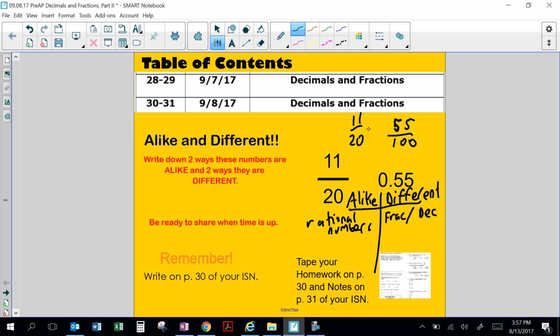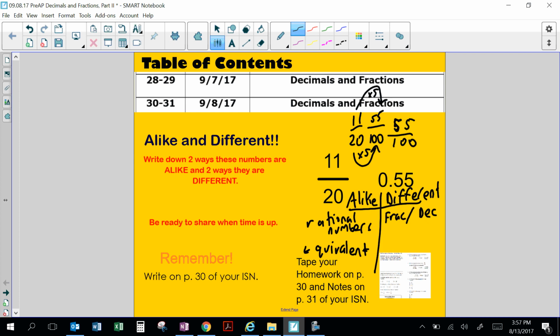Using place value, how can I scale up from 20s to the hundreds place value? Times 5, times 5, so that's 55 hundredths. So they are equivalent. So 11/20th is equivalent to 55 hundredths, which is equivalent to the decimal of 55 hundredths.